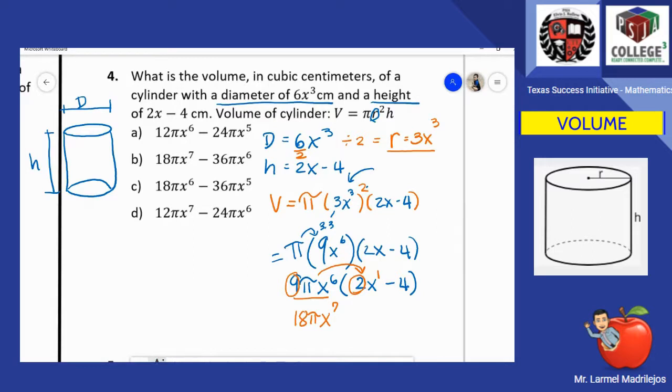And I'm going to distribute this to this. So 9 times 4, that's negative 36. And I'm going to copy the pi. I don't have any variable here, so I'm just going to copy that, x to the 6. So that's my final answer: 18 pi x to the 7 minus 36 pi x to the 6. Answer is letter B.